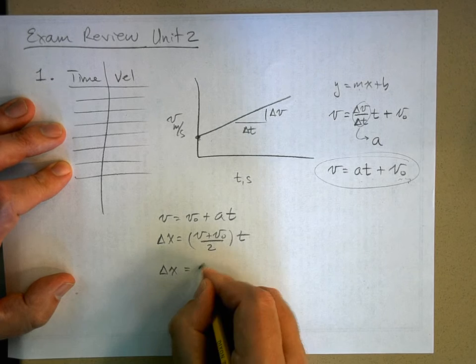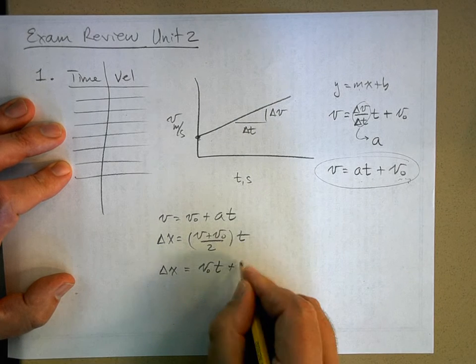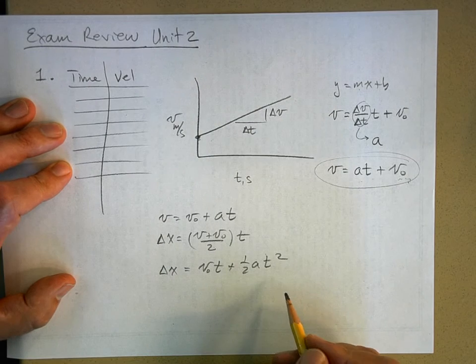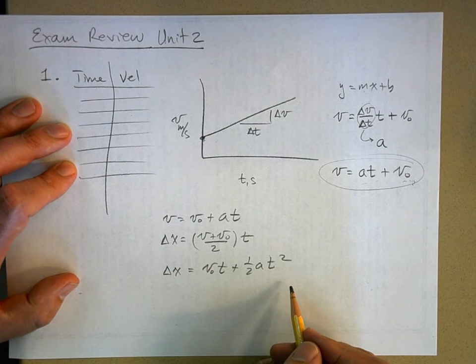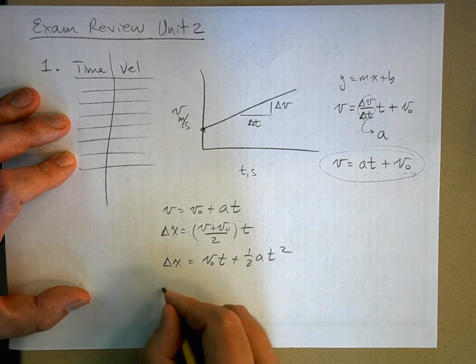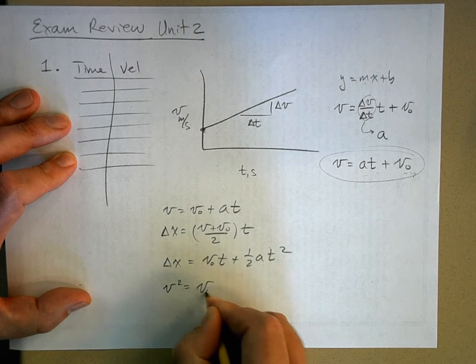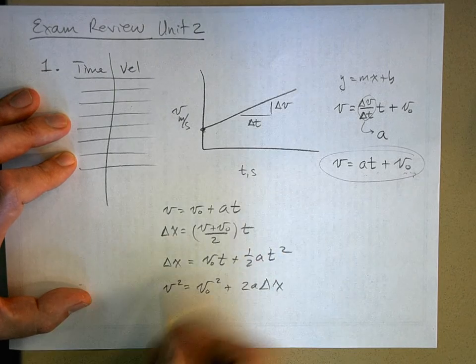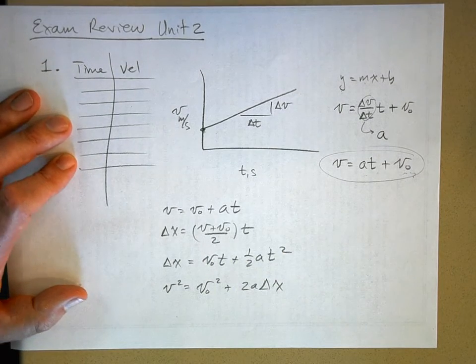Delta x equals v naught t plus 1/2 a t squared. You use this one when you don't know the final velocity and you don't need it. And then you have v squared equals v naught squared plus 2a delta x. And this is the equation you use when you don't know time.